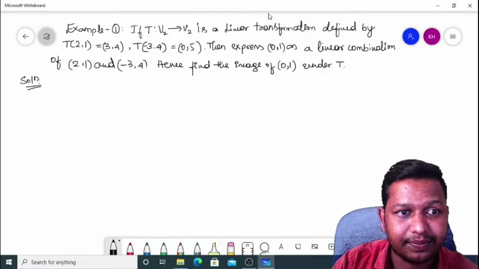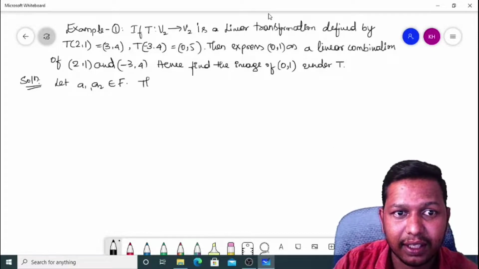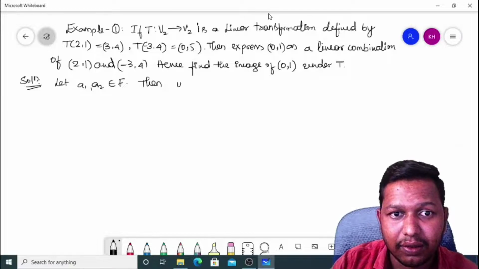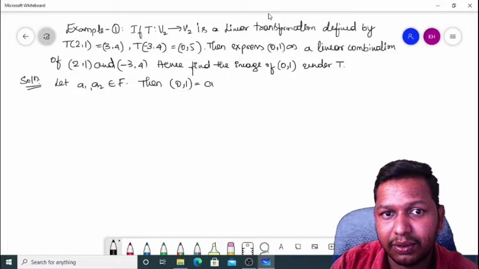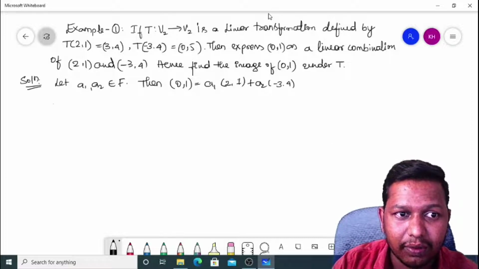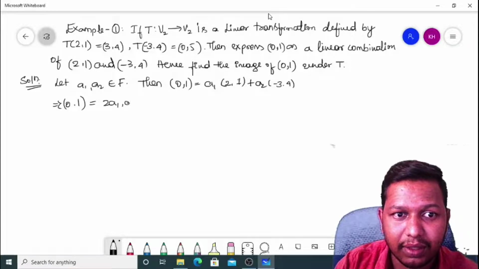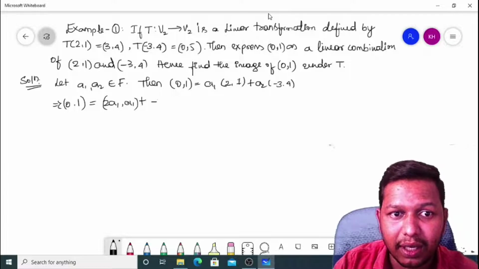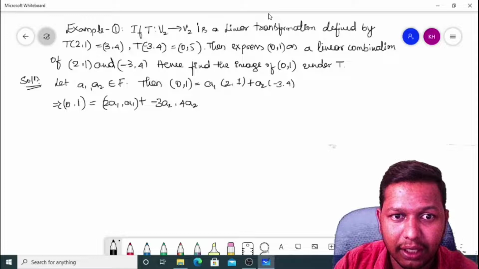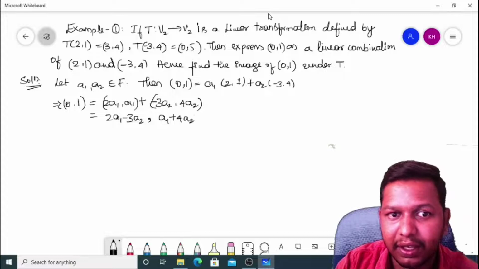That is, I consider let a1, a2 belong to field F, then (0, 1) is equal to a1 into (2, 1) plus a2 into (-3, 4), which implies that (0, 1) is equal to (2a1, a1) plus (-3a2, 4a2), which is equal to (2a1 - 3a2, a1 + 4a2).